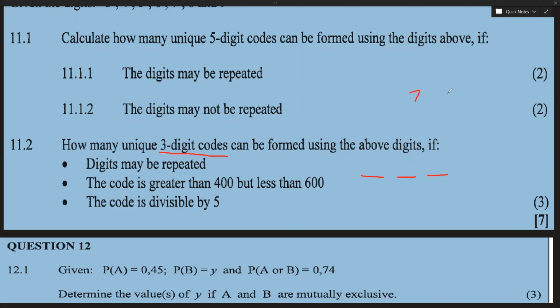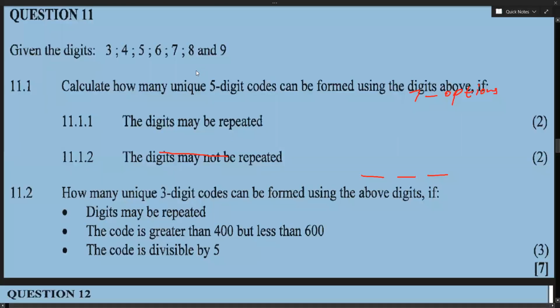Remember, we have 7 options, which was, let's go check quickly, what are they? So I'm just going to write them down here. Let's write them down, these options. I have 3, 4, 5, 6, 7, 8, 9. These are my options, which are 7 in total.